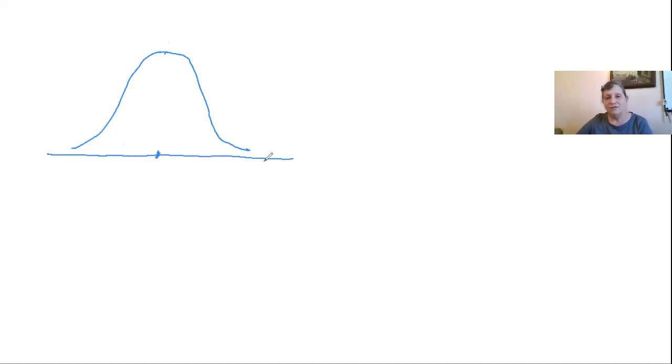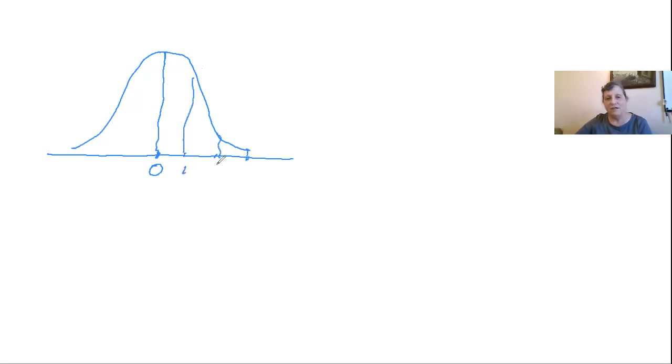With a normally distributed data set, we consider the mean to be 0 and the standard deviations are each 1, a distance of 1, because it's the number of standard deviations.